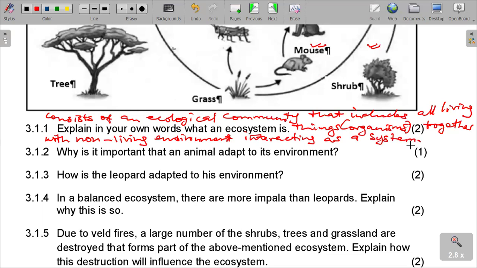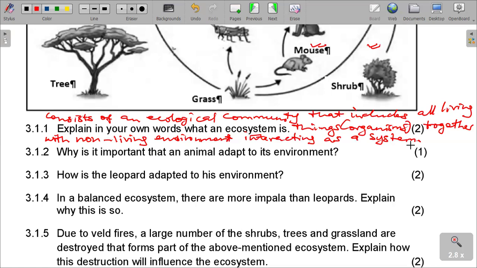That's what we mean by an ecosystem. It's an ecological community that includes all living organisms together with the non-living environment interacting as a system. That is what we call an ecosystem.